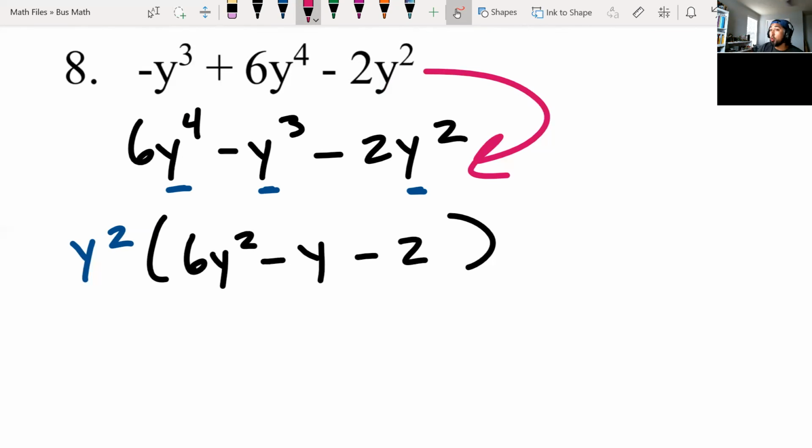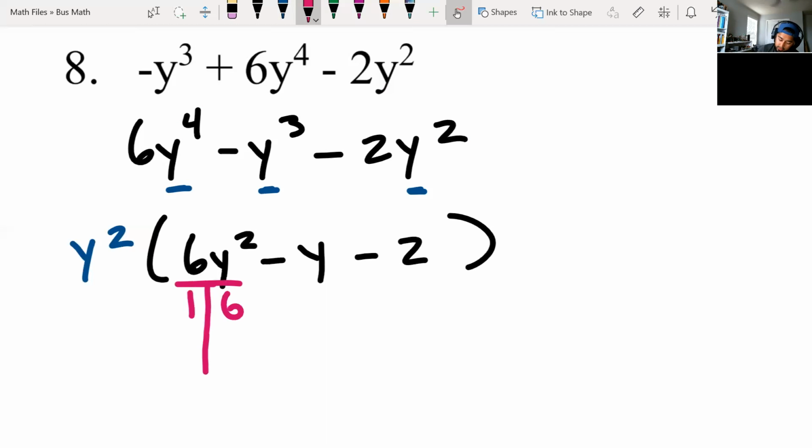And standard form would be highest power to lowest power. And then it goes alphabetically too? Exactly. If there were more letters, it could go alphabetically. We put it in that form so we know how we're actually going to factor this. So it's always good to rewrite it if you can and put the highest power to lowest power. Gotcha. That makes sense. Thank you for answering that. You're good. Good question.